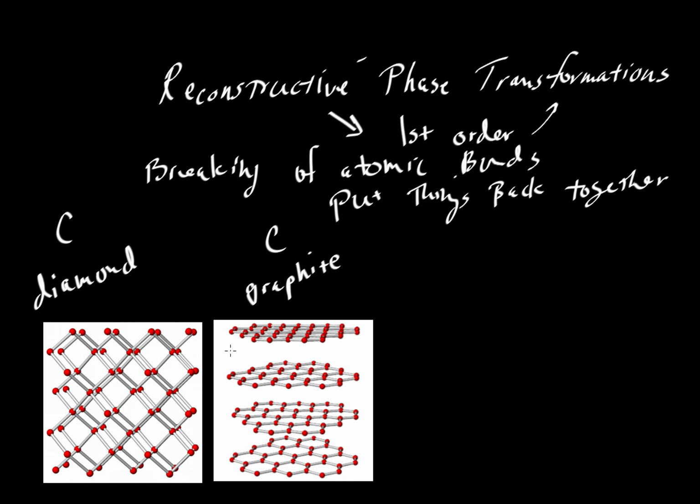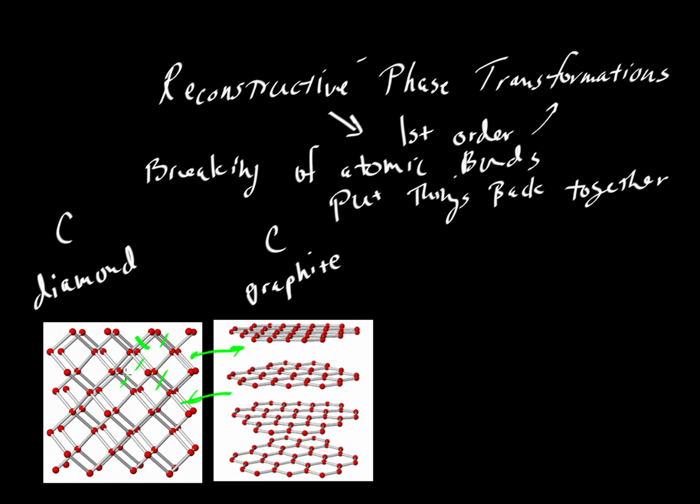To go from this structure to this structure, or vice versa, in either case you're going to have to rip apart all these bonds. The red little circles here are the carbon atoms, and these sticks are just showing the bonds that connect those atoms. Not really sticks, but it's just an easy way to illustrate it.